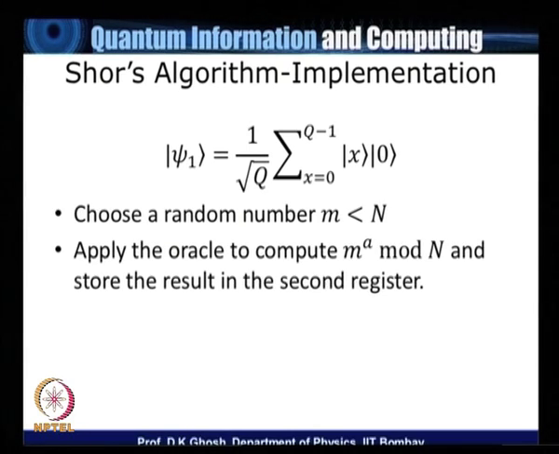I will now choose a random number m, which, as we have seen, must be co-prime with capital N, and then I will have a quantum oracle to compute the various powers of this m modulus N, and I would like to store these in the second register. So this is clean and it does not require much of an effort.